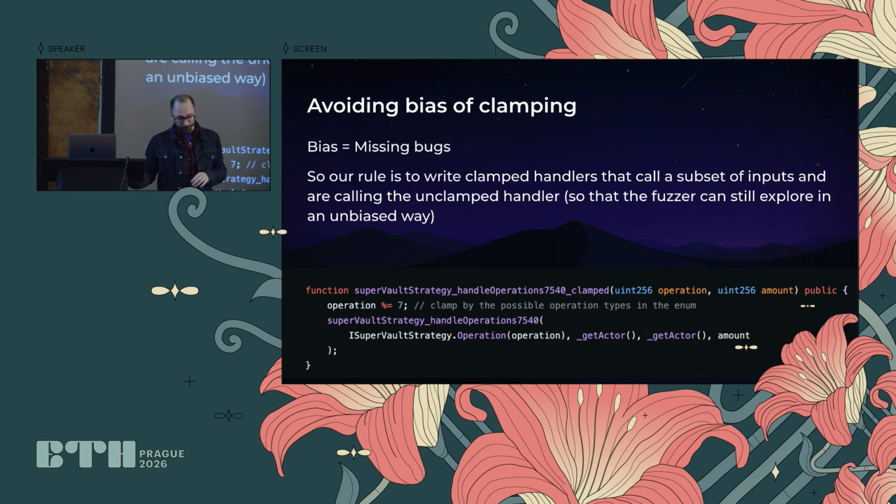And the key goal with this is that this is a non-destructive operation, meaning that we can write as many clamped handlers as we want, and even if none of them works or reverts, they fundamentally don't mess up the fuzzer. And at the same time, because we call the unclamped handler, we are not creating a bias that would force us to miss a bug.